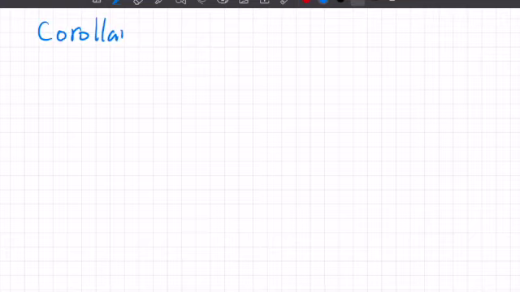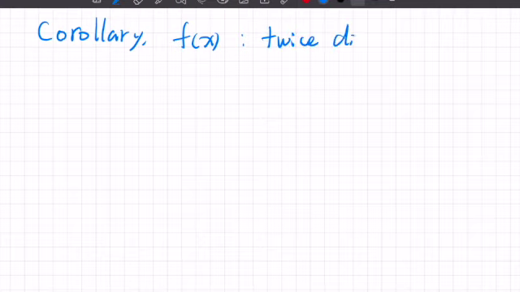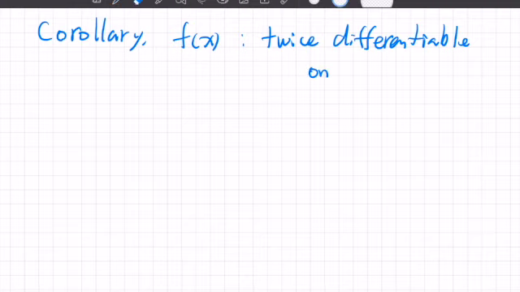Now the next is a little corollary based on the notions of convexity and concavity. Again, let's assume that f is twice differentiable on an open interval I, and assume this constant c is in this interval.